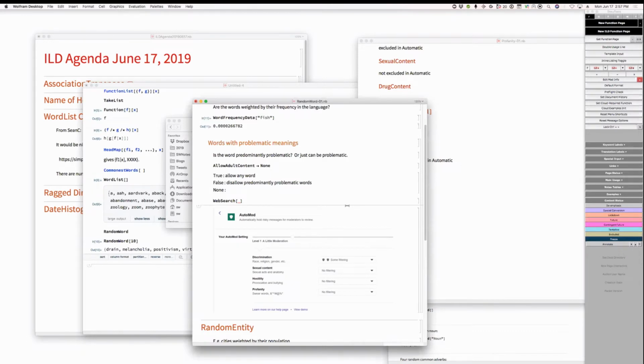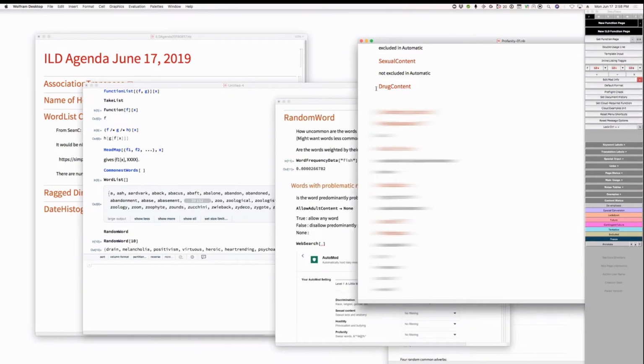Yeah, I mean, this is a big can of worms. It's probably as problematic to give these lists of words as it is to exclude them in some places.